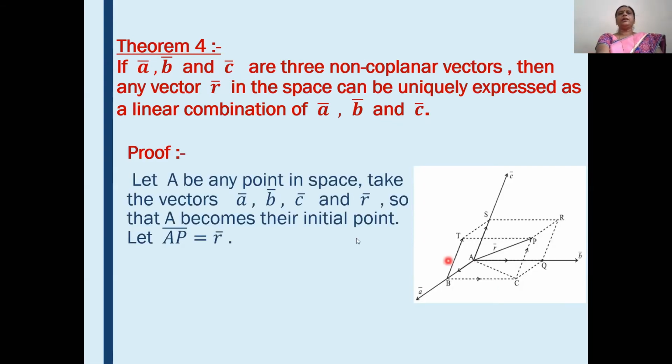Let's see the proof. Let A be any point in space. Take vectors a bar, b bar, c bar, r bar so that A becomes their initial point. See the diagram here.